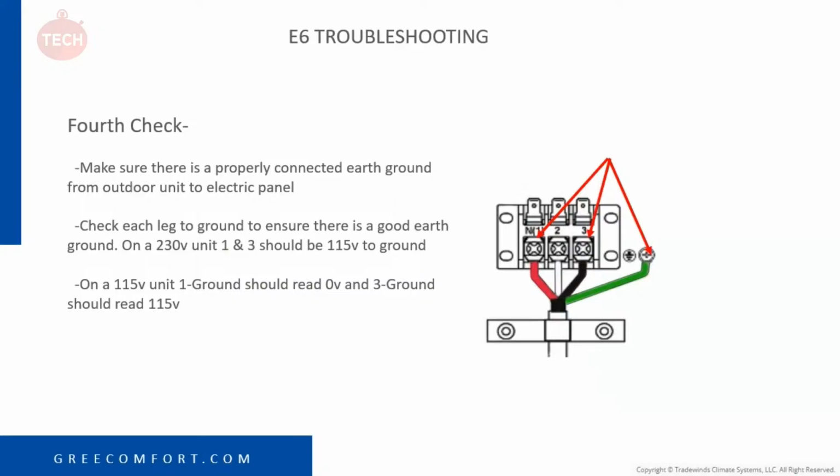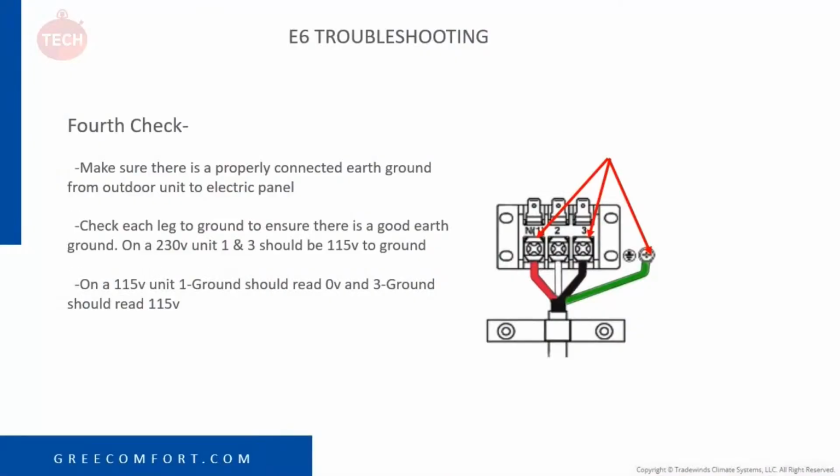The fourth check we want to do is make sure that we have a good ground. A good ground is crucial for communication as it uses the ground for communication. So I put some arrows there. When checking this on a 230 volt unit, you check from 1 to ground and 3 to ground, and you should have pretty close to the same reading. You shouldn't have more than a couple volts difference between 1 and ground and 3 and ground.